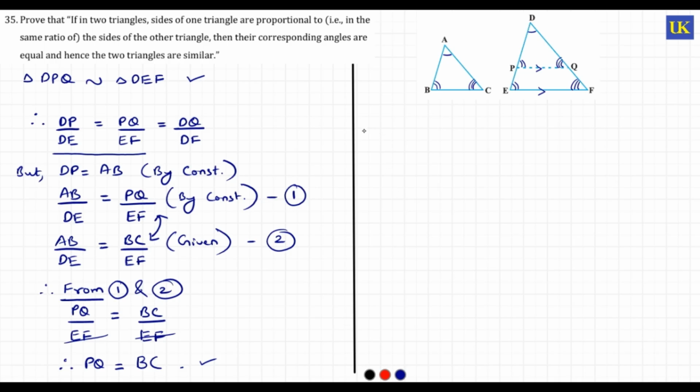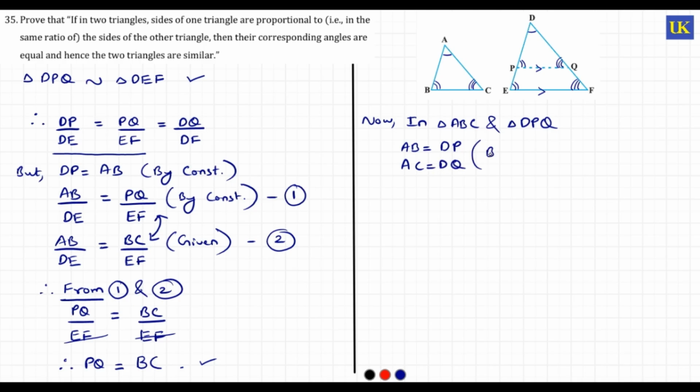Now we will take these two triangles, triangle ABC and triangle DPQ. So this small triangle and this small triangle. We will take these two triangles and prove them congruent. AB is equal to DP, and AC is equal to DQ.